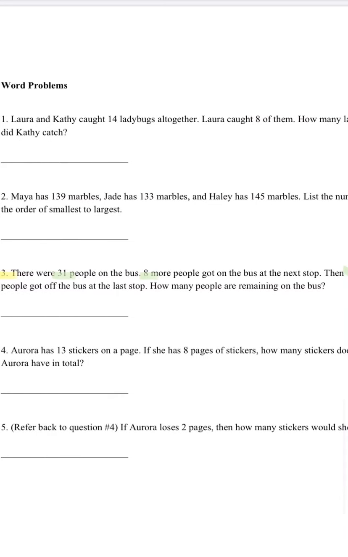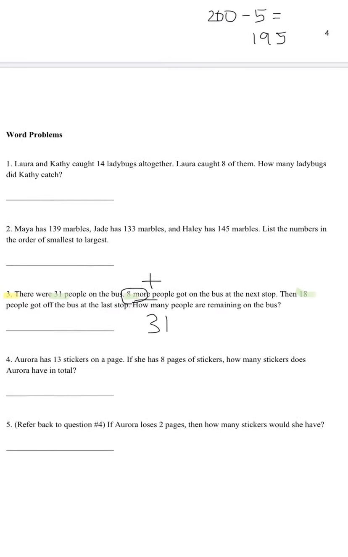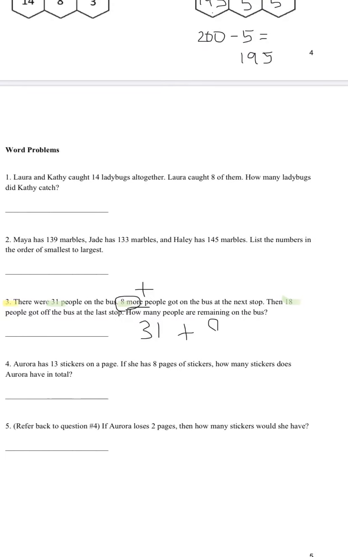So initially we had 31 people, okay? And then 8 more means plus, add, right? So 8 more people got on the bus, okay? Then 18 people got off the bus, right? Off means minus, subtract. So 18 people got off the bus.